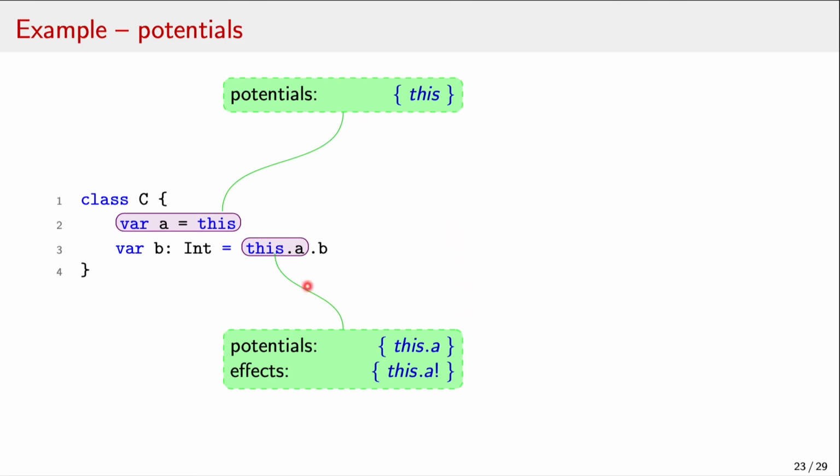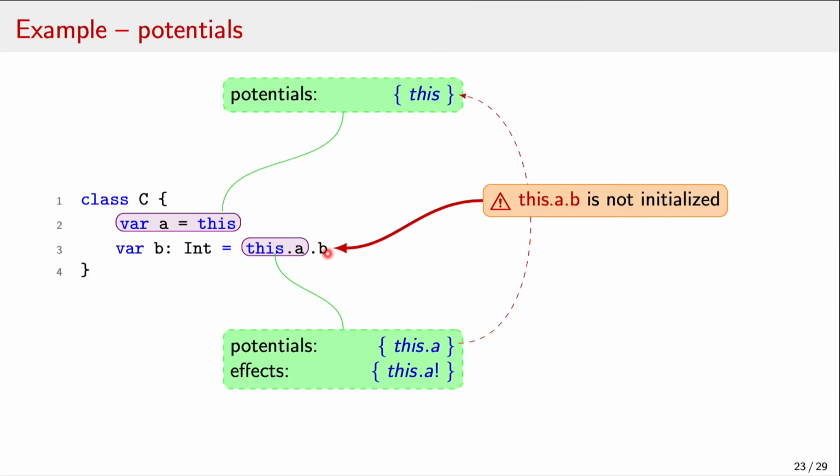The expression has the effect this.a bound because the field a is accessed. Therefore, if we continue to select the field b on this.a, the system knows that the uninitialized field b is accessed. It thus reports an error.